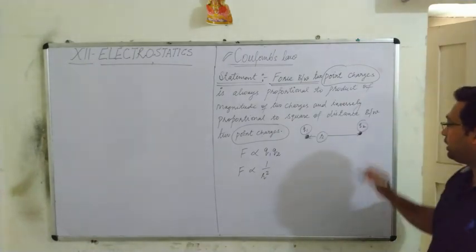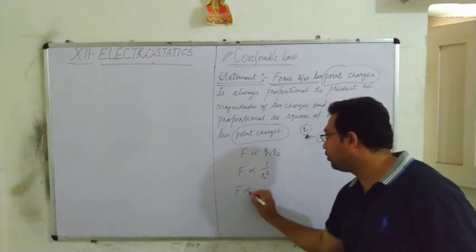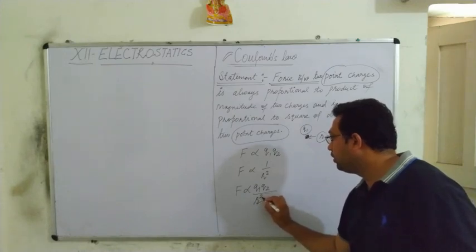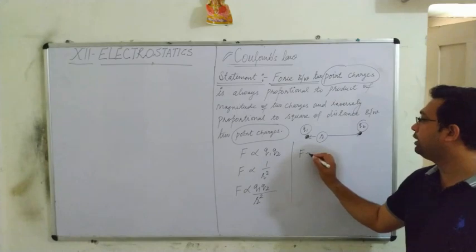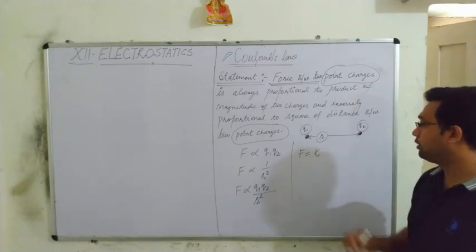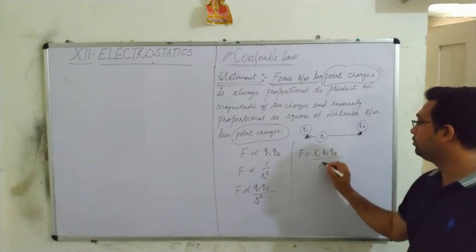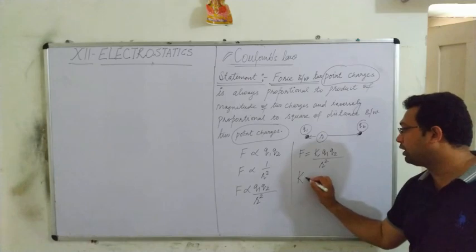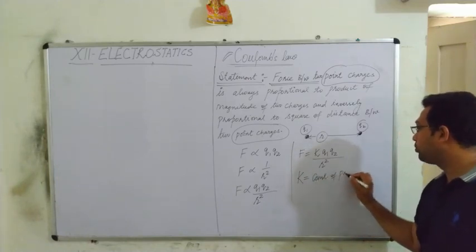Now F proportional to Q1 Q2 upon r square. Now it can be written as F equal to K Q1 Q2 upon r square. What is the meaning of K? K means constant of proportionality.